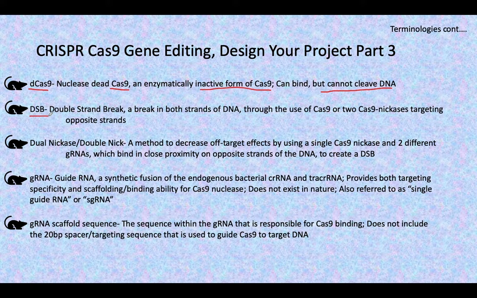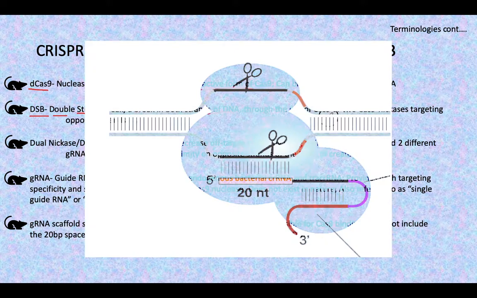The next is DSB, double strand break. You know that DNA is composed of double strands, and if we make a cut on one strand and the other strand, that is called a double strand break.